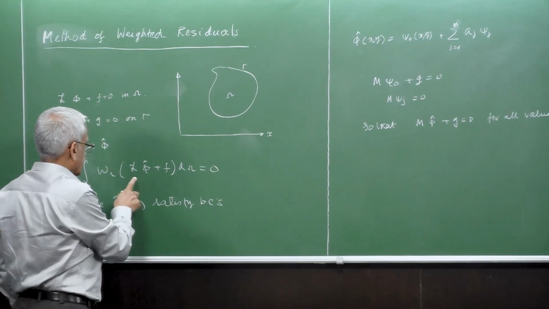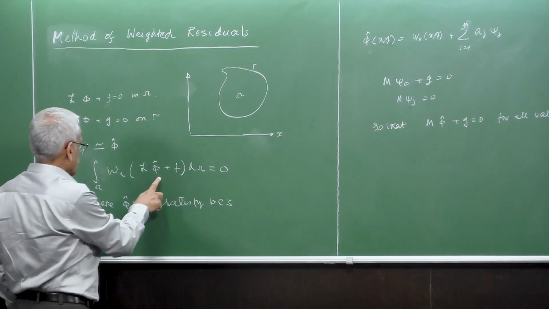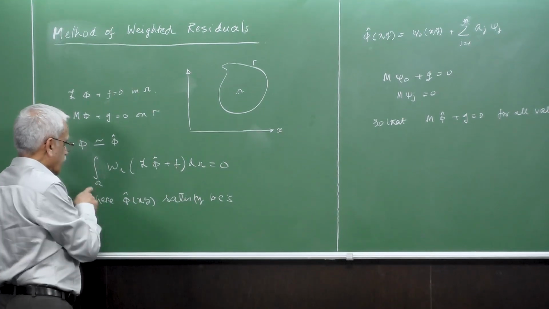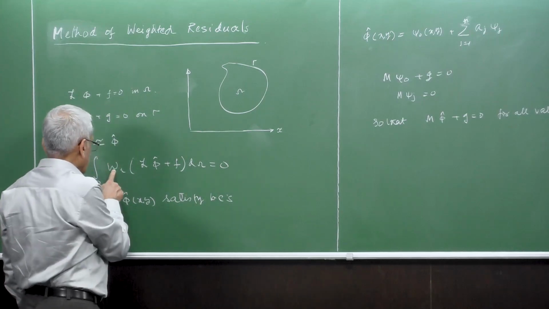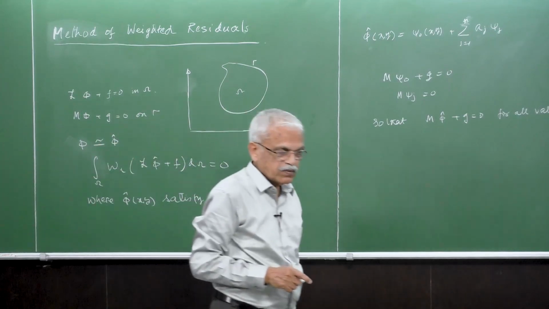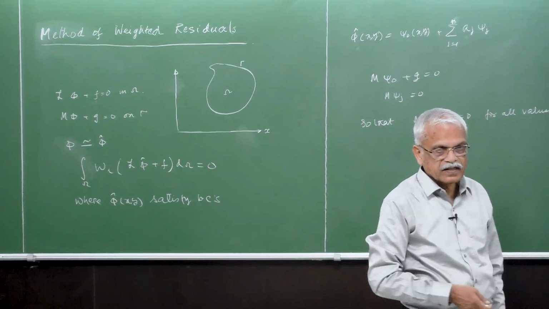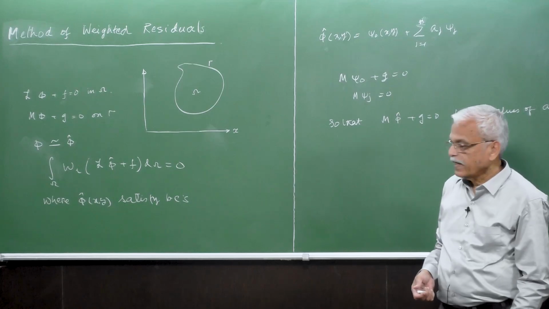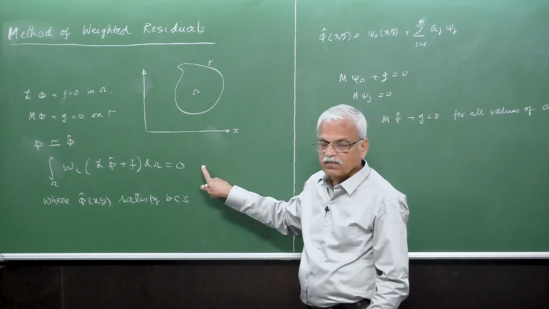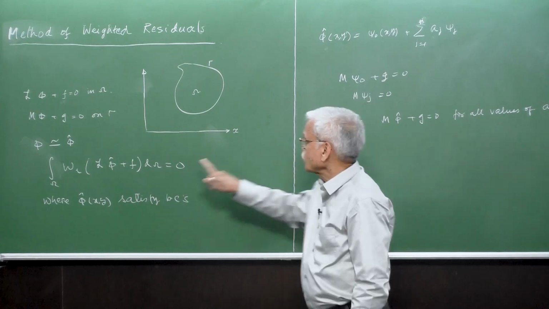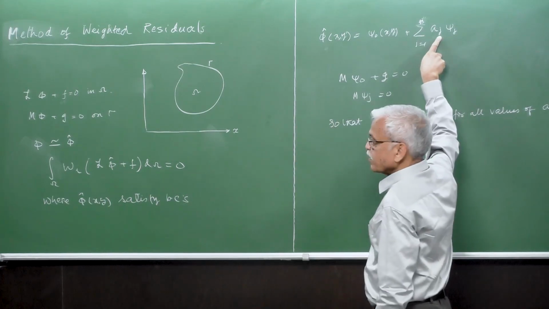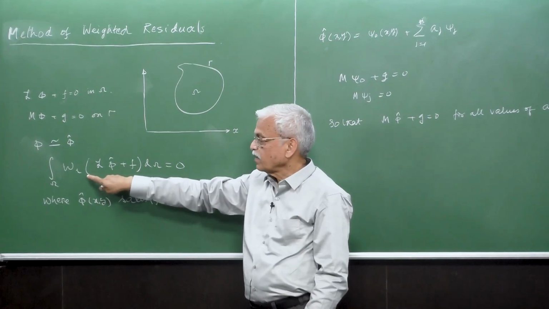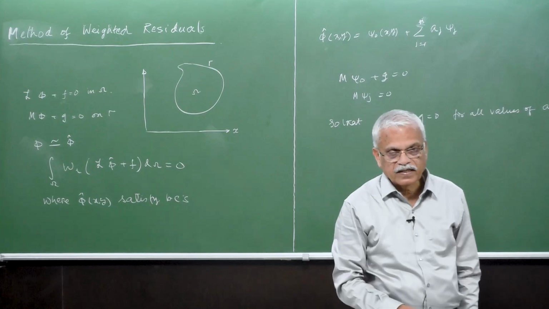So if this is going to be non-zero, then by multiplying with wi and integrating over omega, we will get, knowing the functions wi, again an assumed set of functions called weighting functions, as many equations as necessary. Since phi hat has n undetermined coefficients a_j, we can formulate n equations here by taking n different weighting functions.